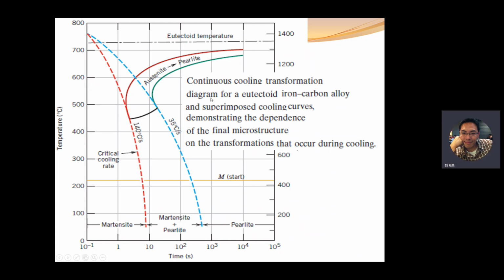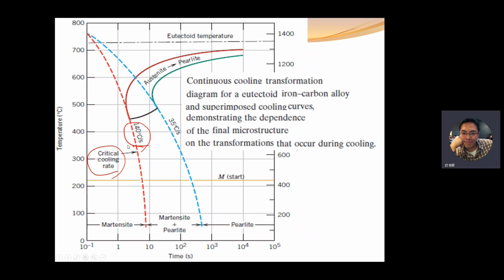For example, if we want to get a transformation to pearlite or bainite, we need to figure out the critical rate. In this case, the critical rate is 140 Celsius per second.